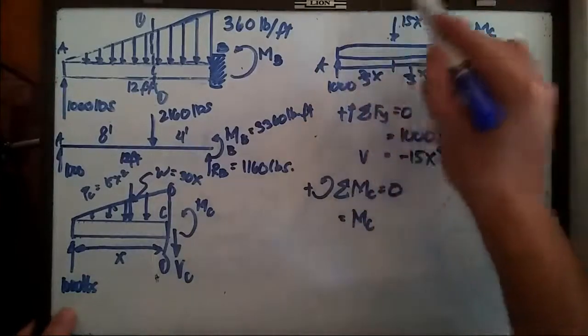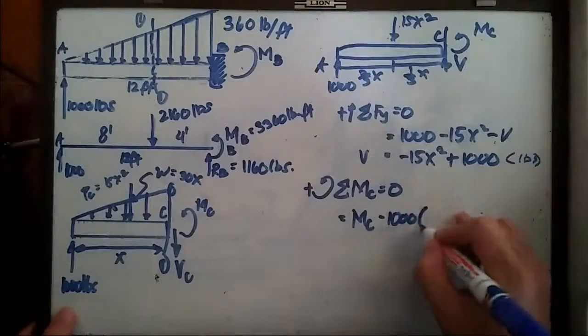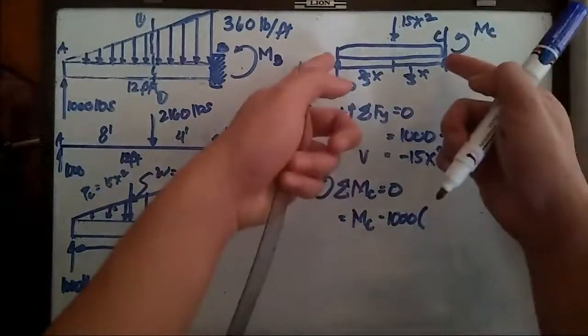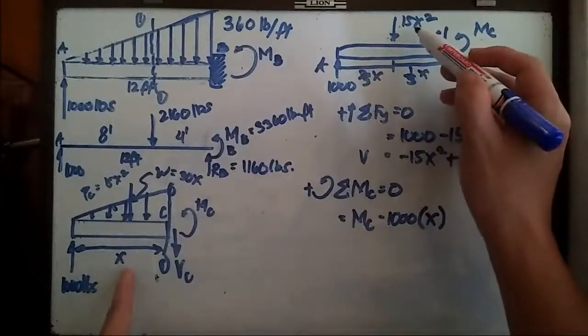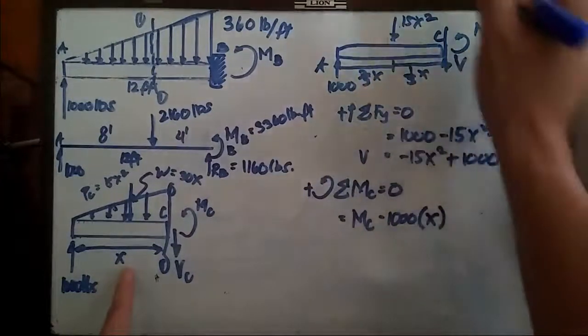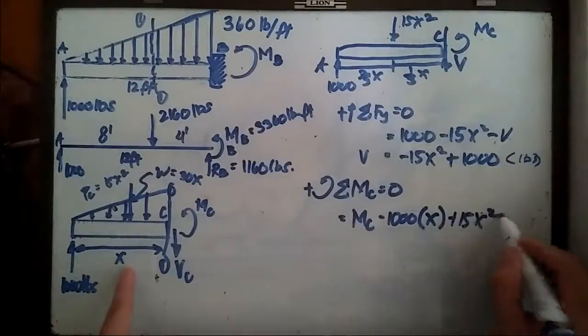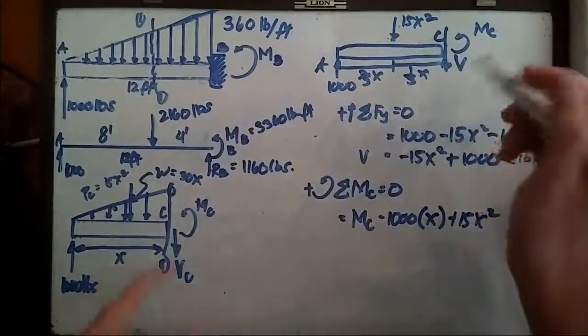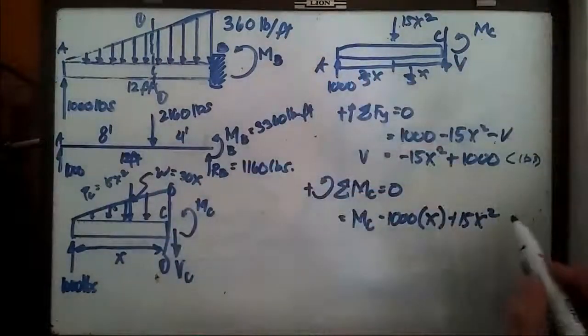This 1000 is rotating clockwise, so that should be negative 1000 multiplied by the perpendicular distance, which is x. And this one, 15x squared, is rotating counterclockwise, so that should be positive 15x squared, and the perpendicular distance is 1/3 of this whole length, so 1/3 of x.